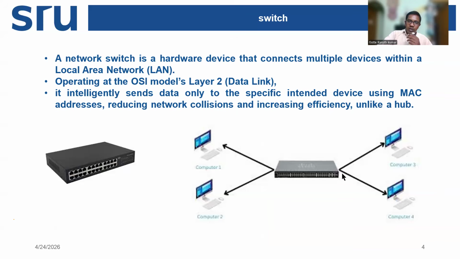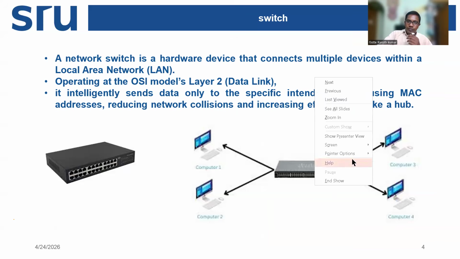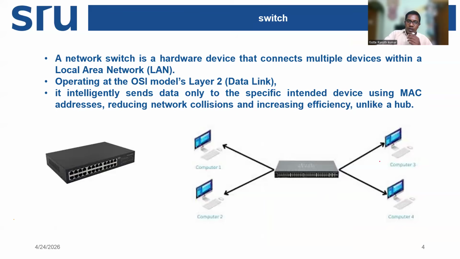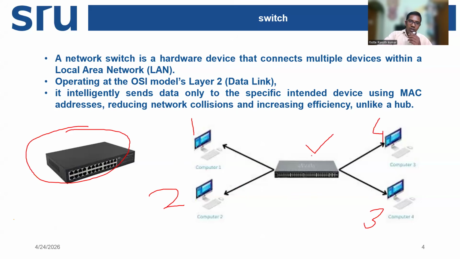Let us see an example. Here is one switch, an example of a switch device. Using the switch, four systems are connected: the first system, the second system, the third system and the fourth system. Assume that the first system is sending a message to the third system.